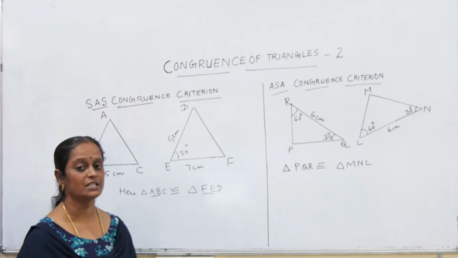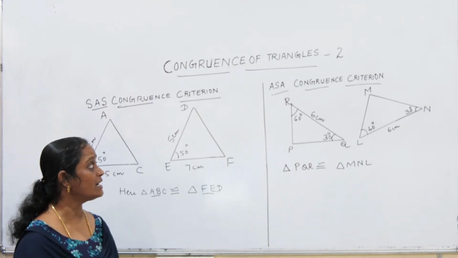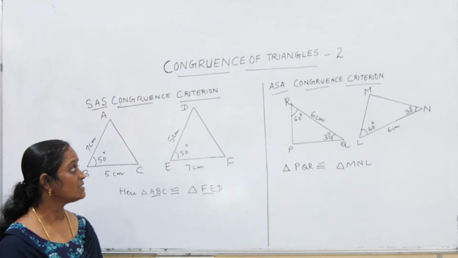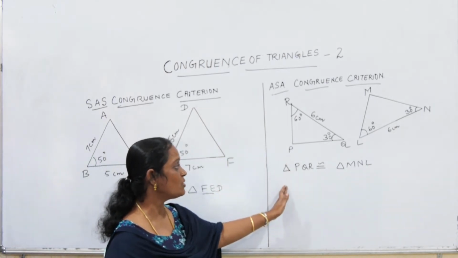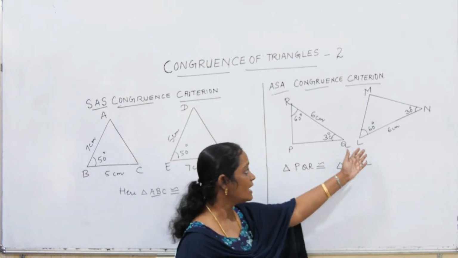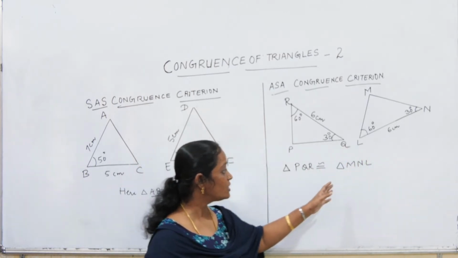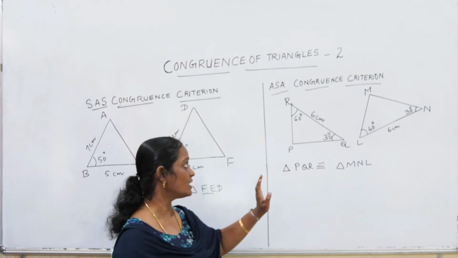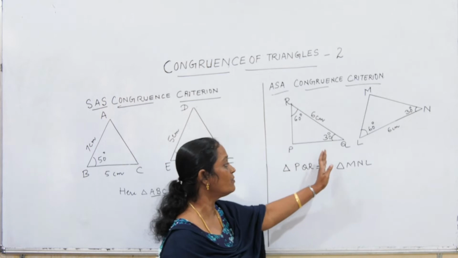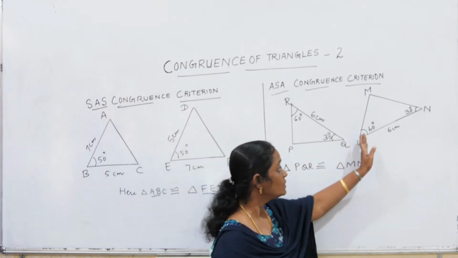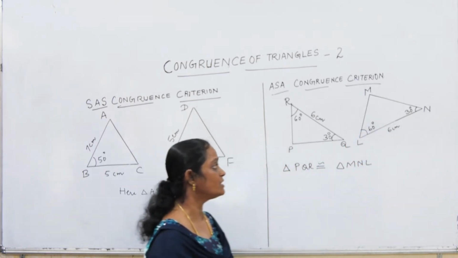So the next one, the third criterion, is angle side angle congruence criterion. Here two triangles are given, one of the triangles is PQR and the other one is LMN. Here these two triangles are congruent. Here two angles and the included side of one triangle are equal to two angles and the included side of another triangle.